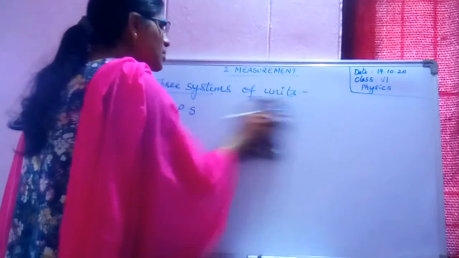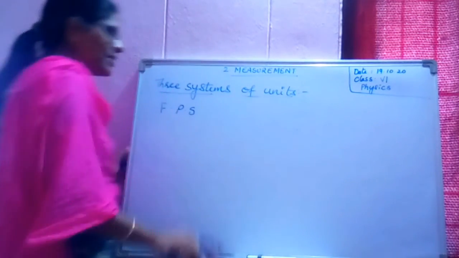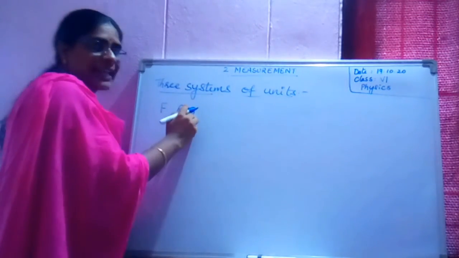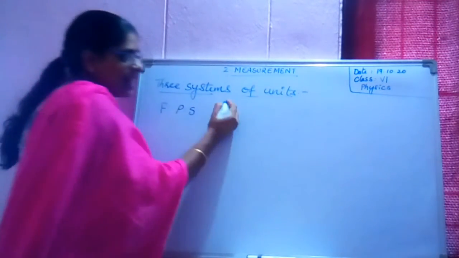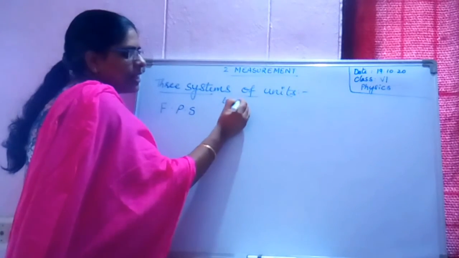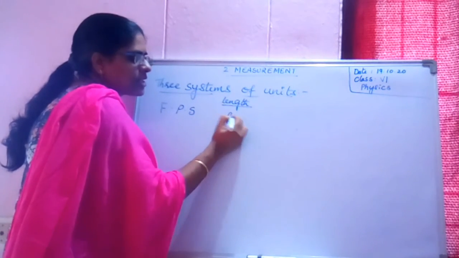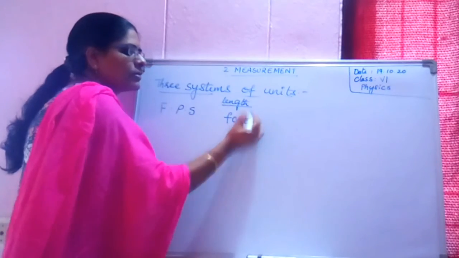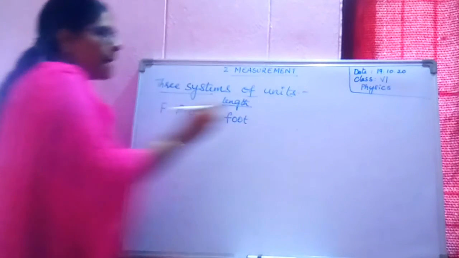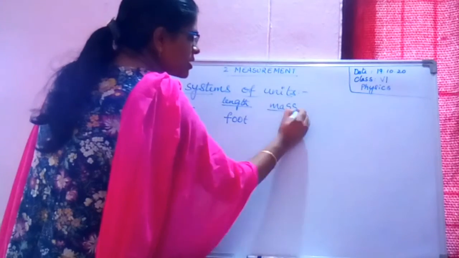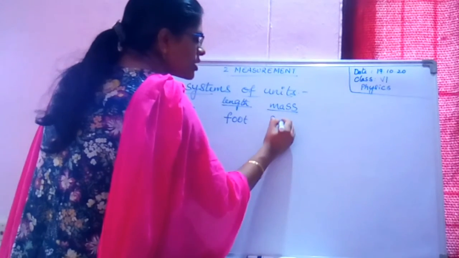See, FPS system, foot, pound, second. Length we always measure in this system as foot. Mass we always measure in pounds.